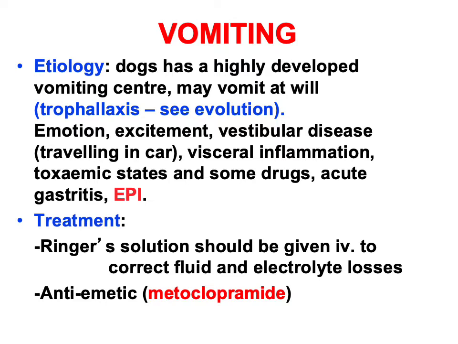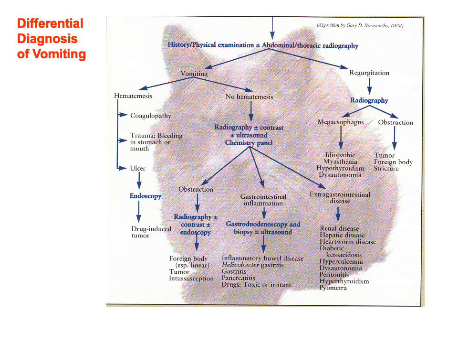The etiology of the vomiting is very variable, and for that reason it is very important to see the differential diagnosis, because it will show us that not only problems of the digestive tract are involved. The first thing we have to differentiate is whether this is a vomiting or regurgitation.